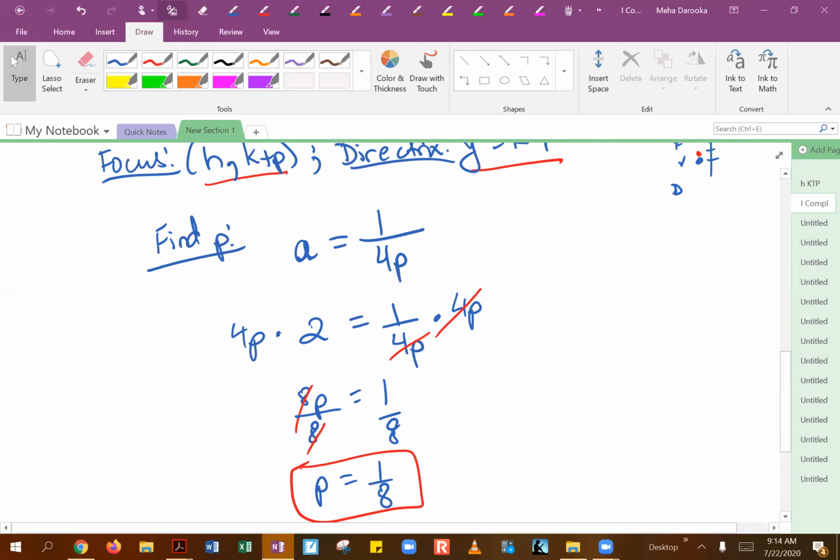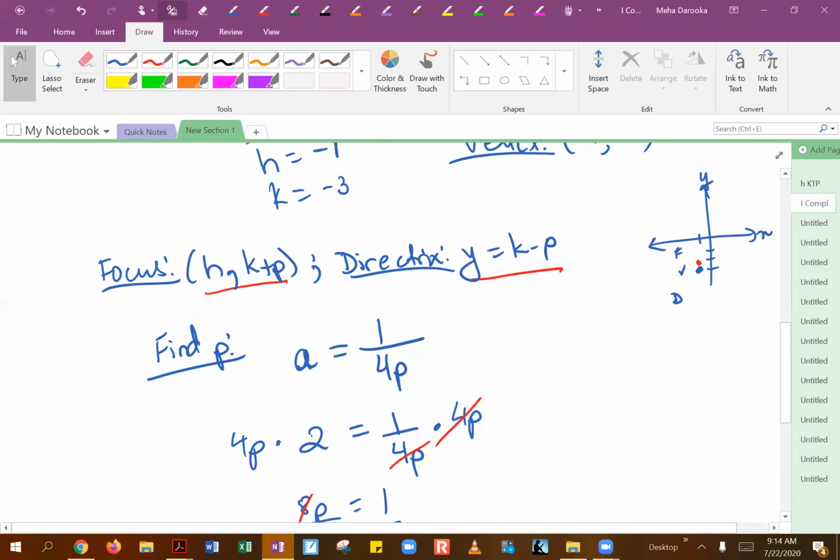Now, since that distance is 1/8 for the p value, that also tells us our directrix has to be going down, pretty close to our vertex again. So that's just going to be that distance of 1/8.